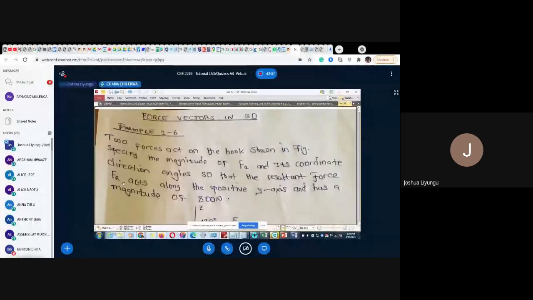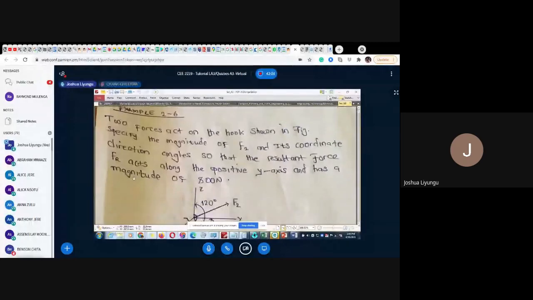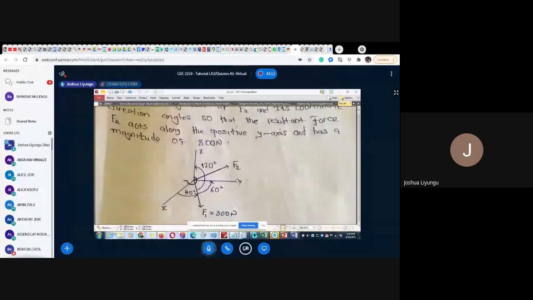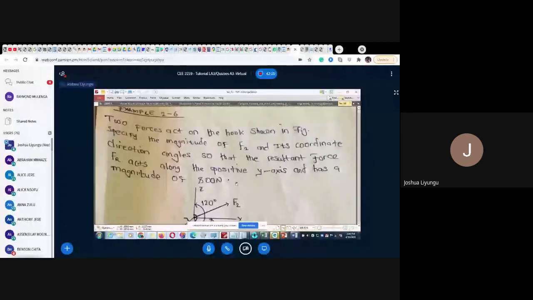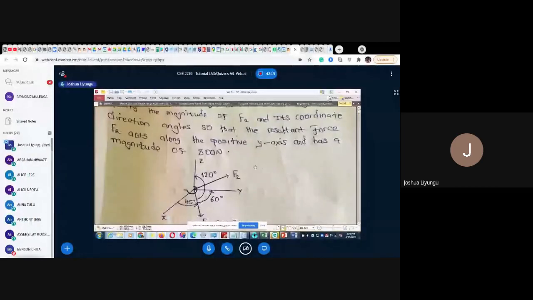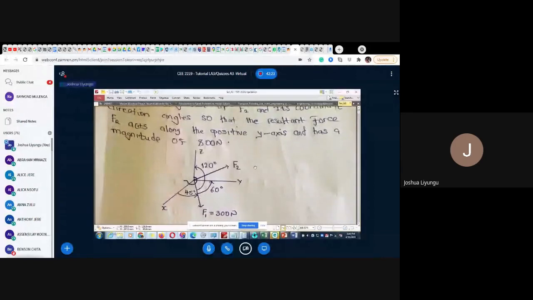When you look at the drawing itself, we have been given the direction angles. That is alpha 45 degrees, 60 degrees, and 120 degrees, that is alpha, beta, and gamma, respectively.